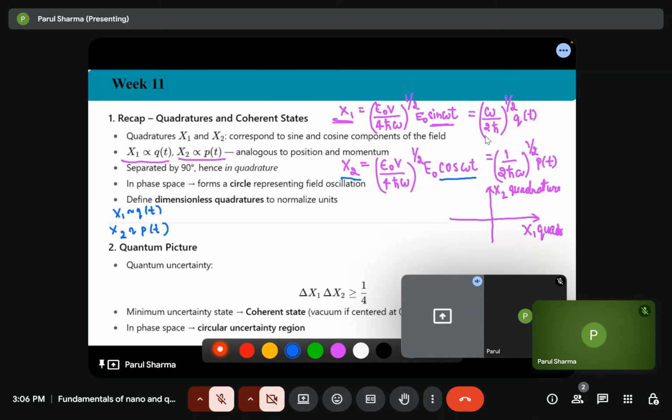So now suppose we have a harmonic oscillator here. How will it evolve in time?